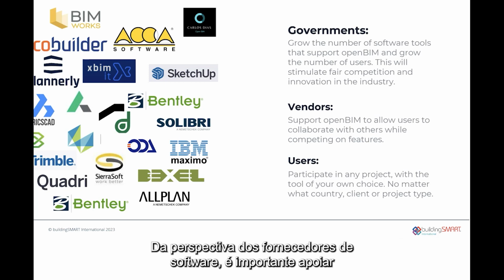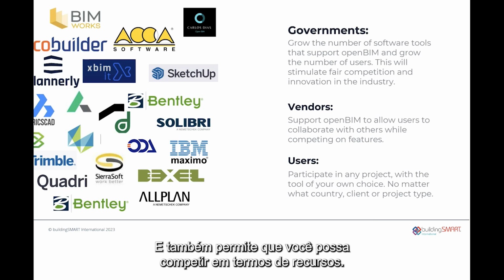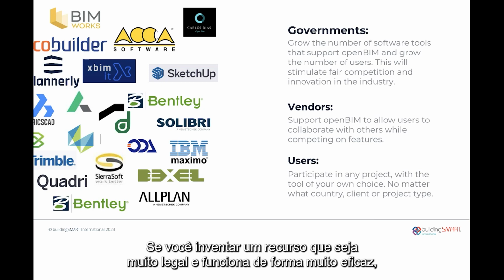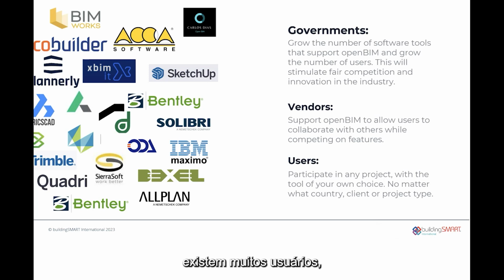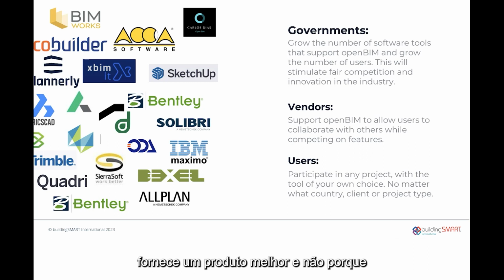From the software vendors' perspective themselves, it's important to support openBIM to allow users of your software tool to collaborate with others. And it also allows you to compete on features. If you invent a feature that is really cool and works very effectively, it's easier for a lot of users to switch to your software because you provide a better product and not because you have some kind of a lock-in.